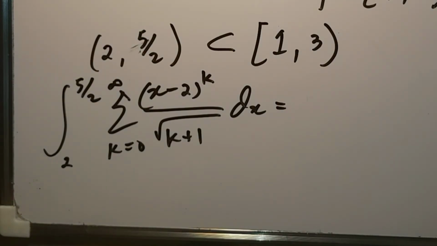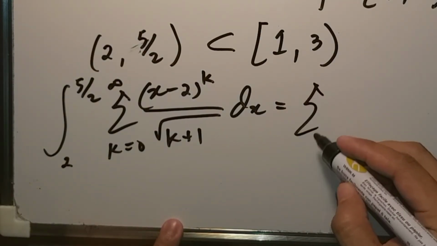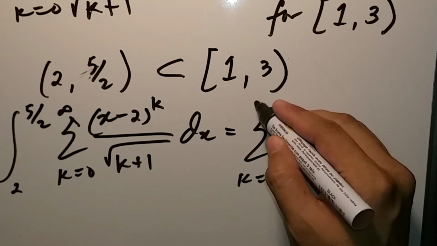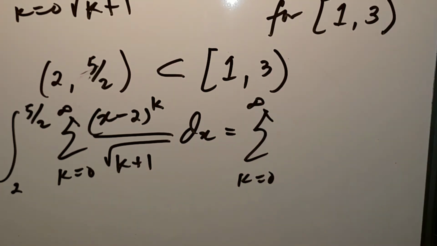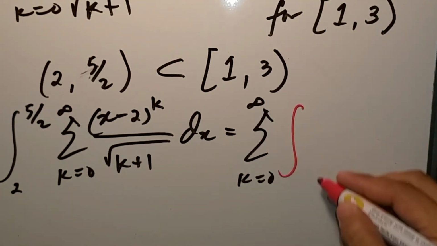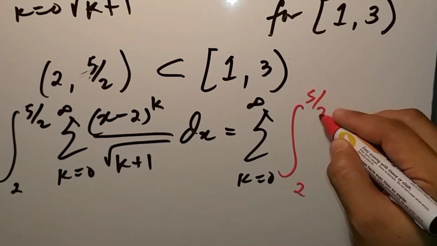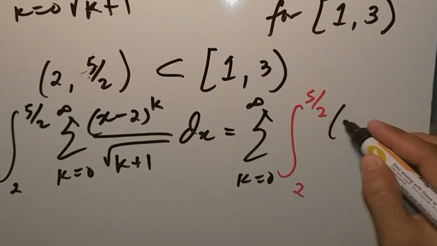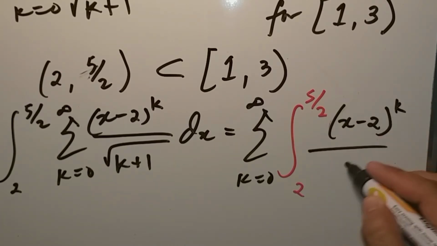So we will have summation, integral from 2 to 5 over 2 of (x minus 2) to the k.